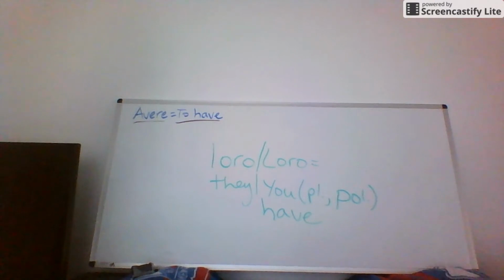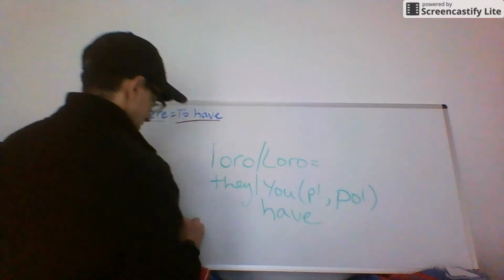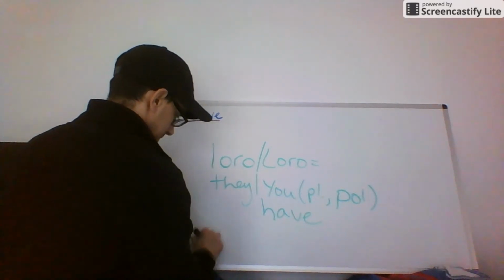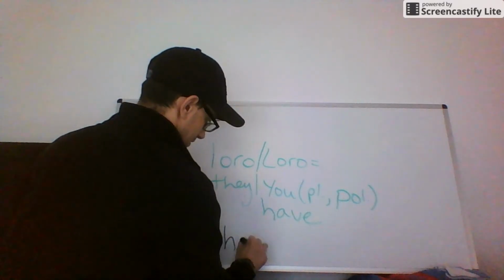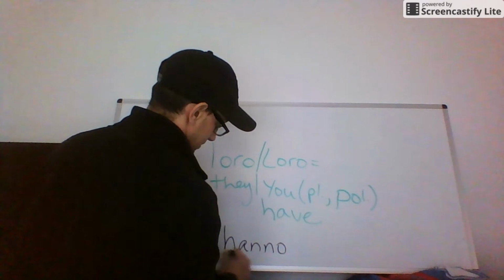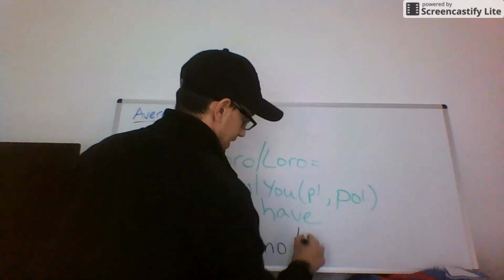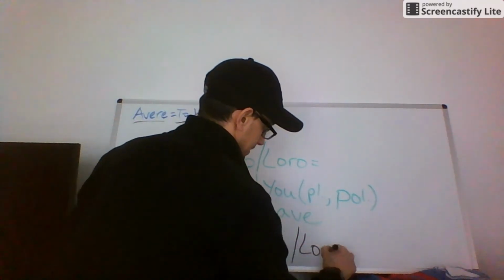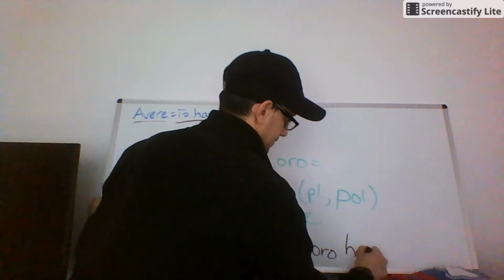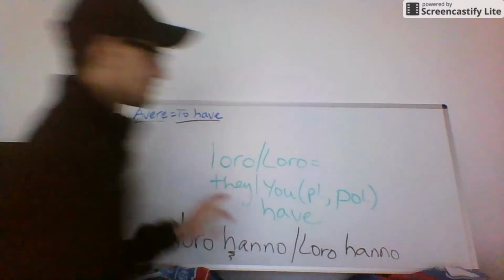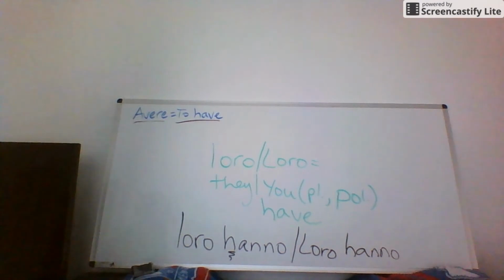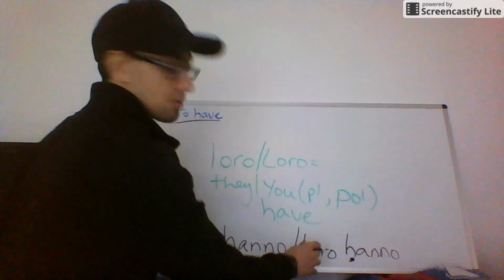And the correct conjugation for this, I'm going to write in black, is loro hanno. Remember that H is silent. And loro hanno. So either way, taking away with this, the H's are silent. Loro hanno, loro hanno.